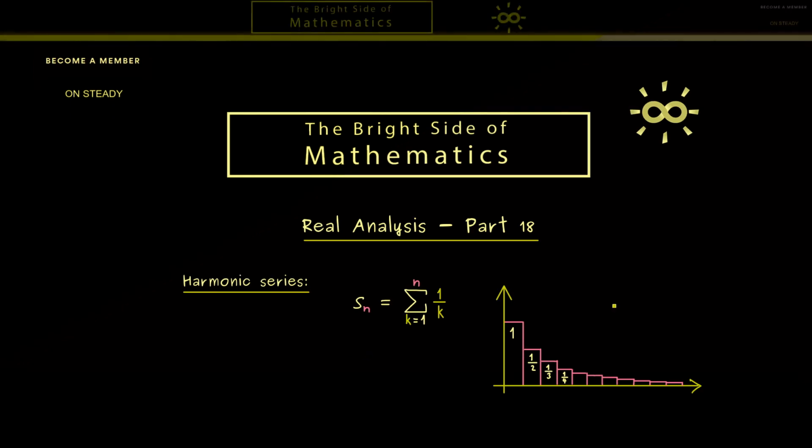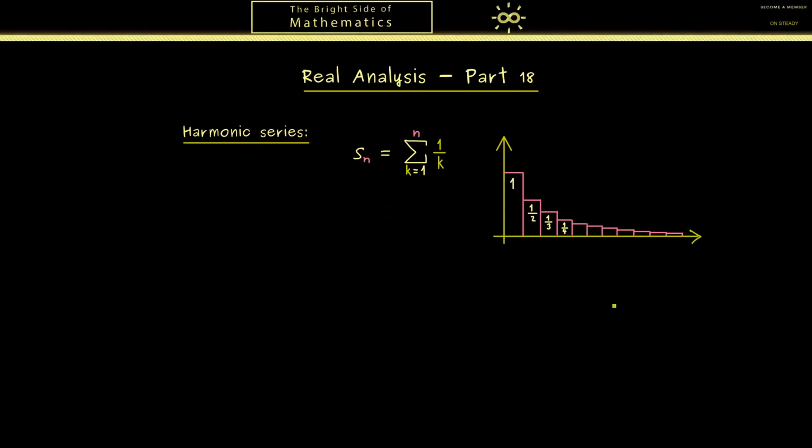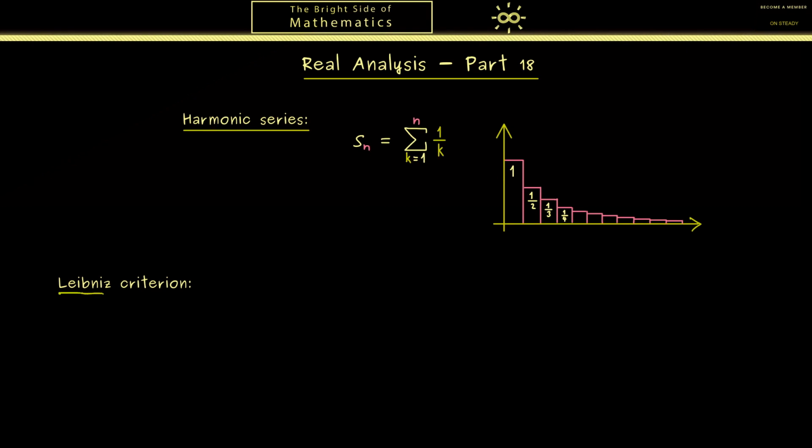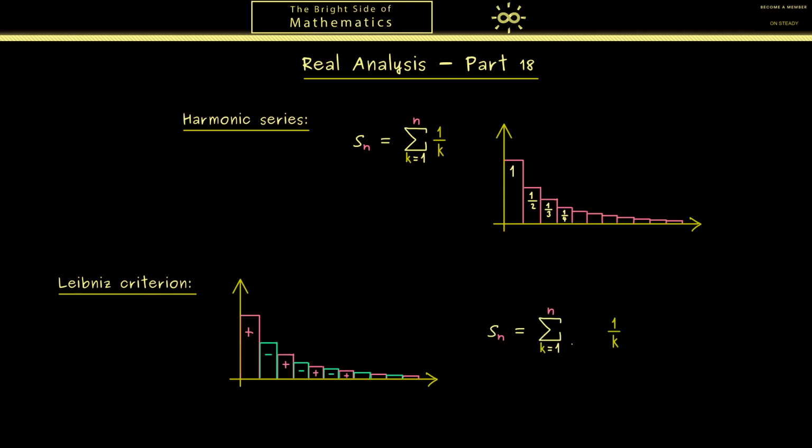For this, we also can use the same visualization. Let's again look at the rectangles from before. However, now we want to alternate the signs of the areas. Hence, the first area is positive, the second is negative, the third is positive again, and so on. Therefore, we don't look at the harmonic series here, but rather at a sequence of partial sums where we have (-1) to the power k plus 1 in front.